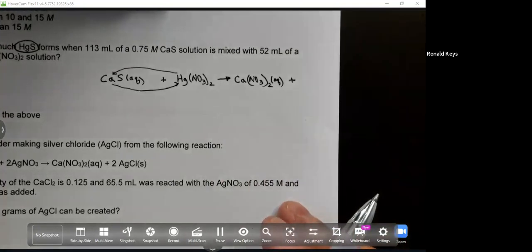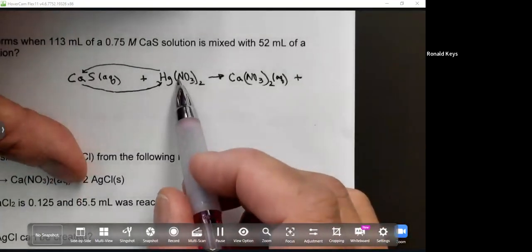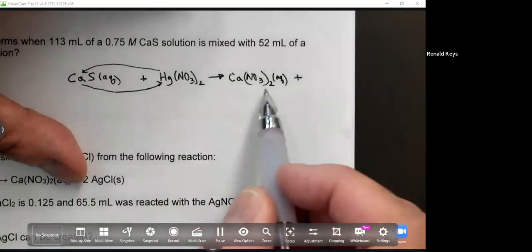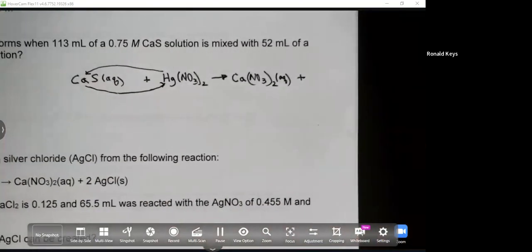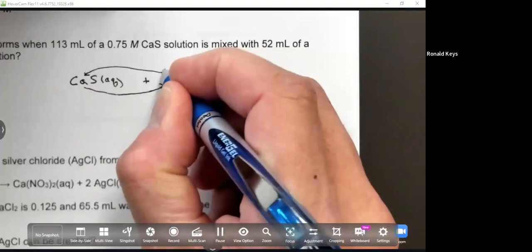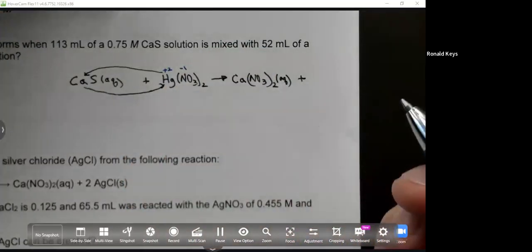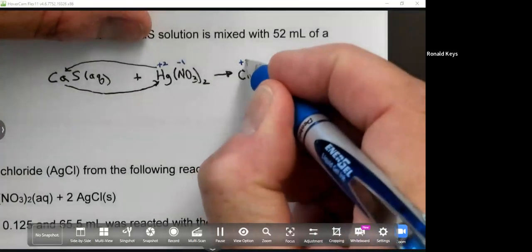Now, caution. It looks like I transferred the nitrate as 2 just over. That is not the case. This, of course, goes by our charges. This is mercury 2, nitrate's minus 1, and calcium is always a +2.